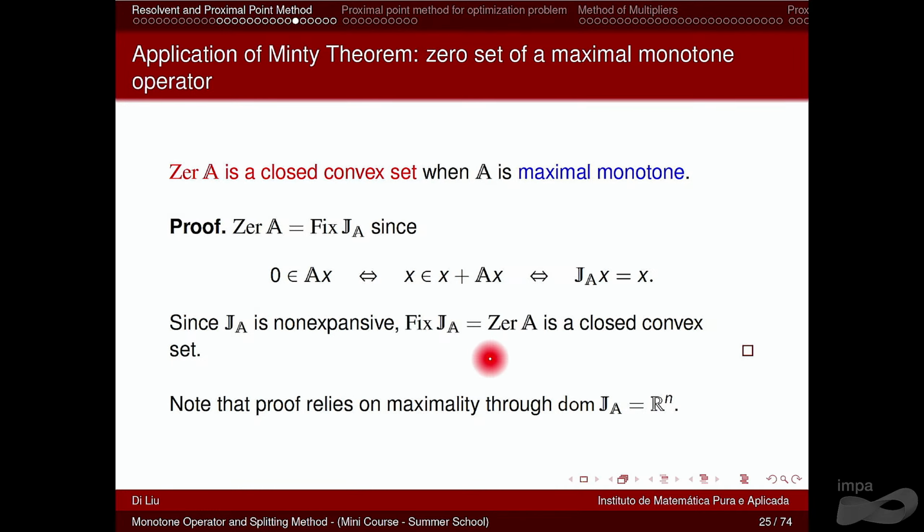Then we can conclude immediately the zero set of A is closed and convex. Okay, so this proof relies on the maximality: the domain of the resolvent is the whole space.